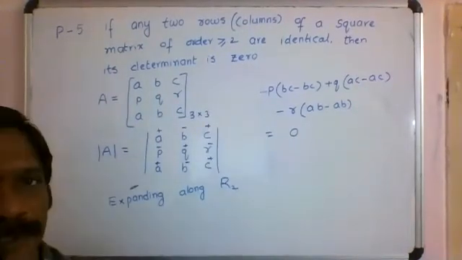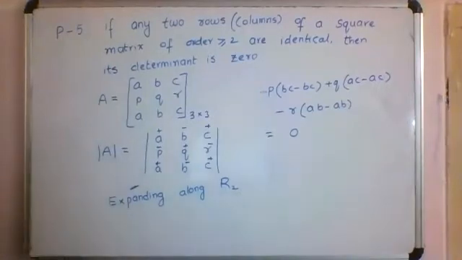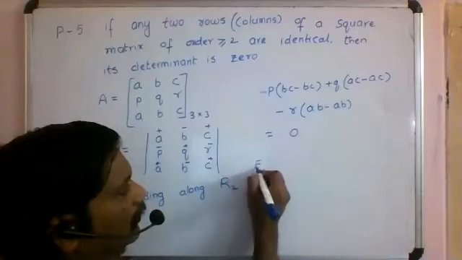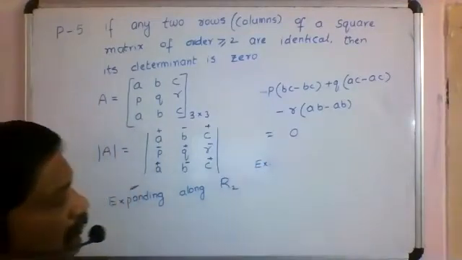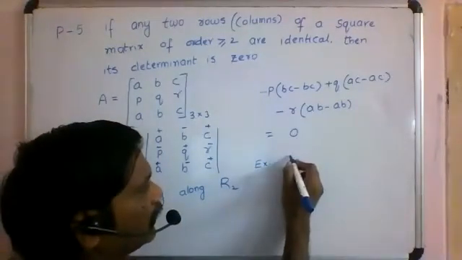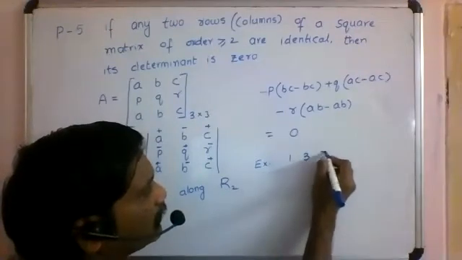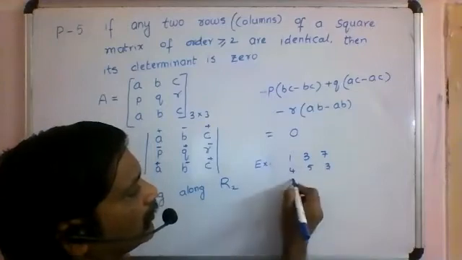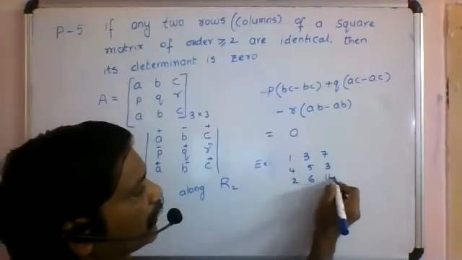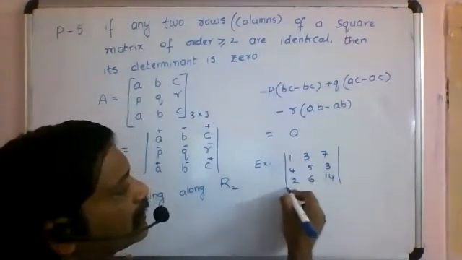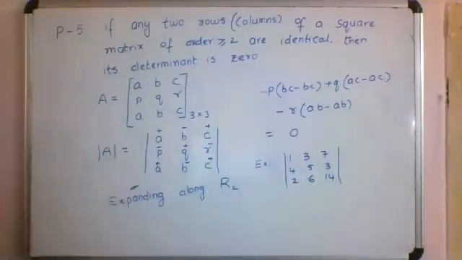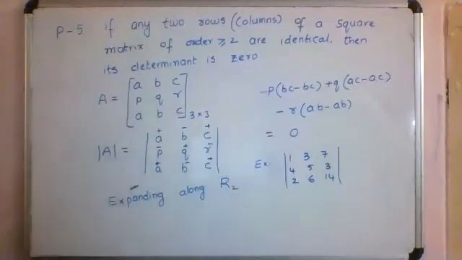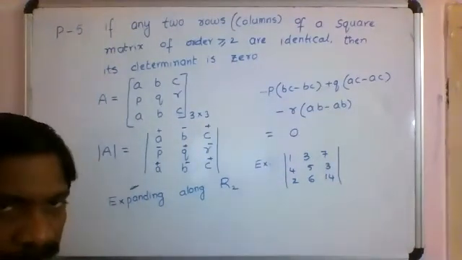Note down. Here I give one example also. Look here. I write 1, 3, 7, 4, 5, 3, 2, 6, 14 here. I want its determinant value. Yeah, this seems to be all different numbers.